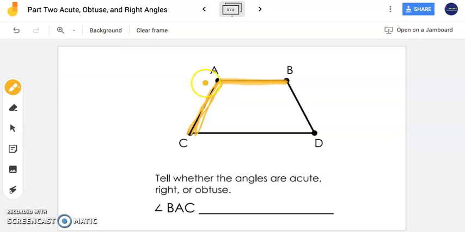Now by looking at this angle, it looks like it's much larger than my 90-degree mark. So that's telling me if it's greater than 90 degrees, it needs to be an obtuse angle. So therefore, angle BAC can be classified as an obtuse angle. Notice I first identified the angle in my trapezoid and then I classified it.